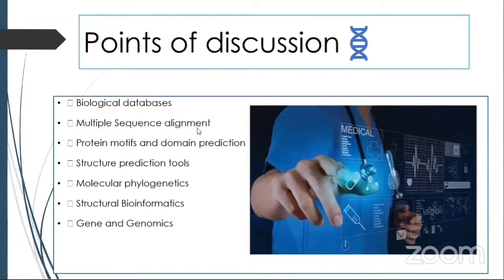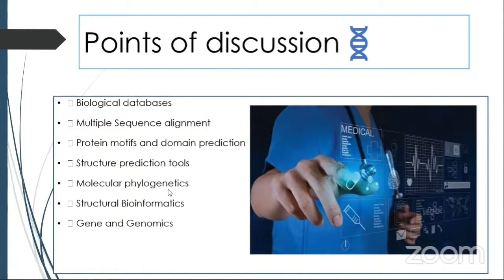So we have the BLAST algorithm or platform, where BLAST is nothing but the Basic Local Alignment Search Tool. It will give you the alignment with respect to the sequence you have input. You will also get protein motif and domain predictions, that is, the classification of the protein, and structure predictions using different tools and databases.